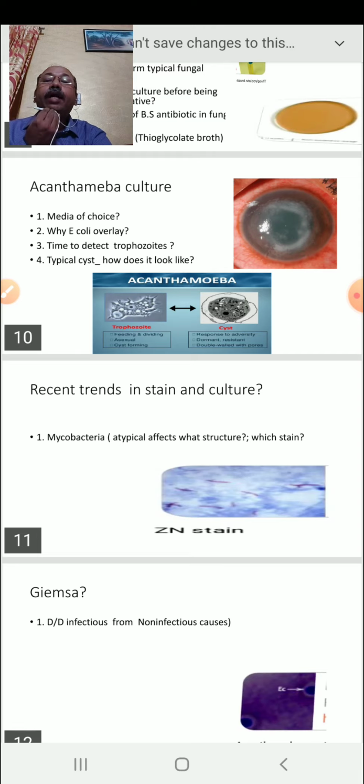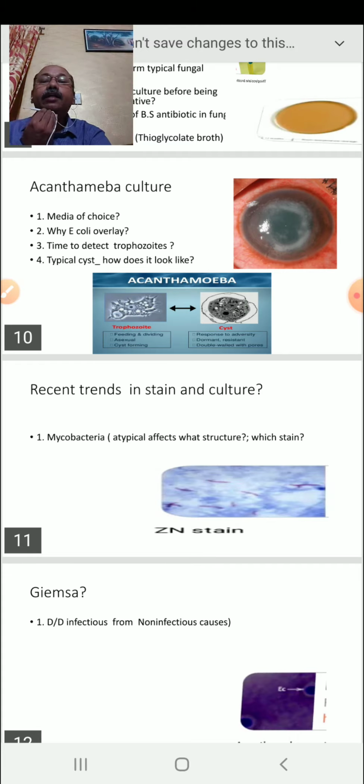Now Acanthamoeba is usually obtained in two forms. One is the trophozoite and another is the cystic form. Normally within a span of 48 hours or 2 days the trophozoites will come up in the culture media, though the typical cysts may take at least 7 to 10 days to flourish within the culture media.